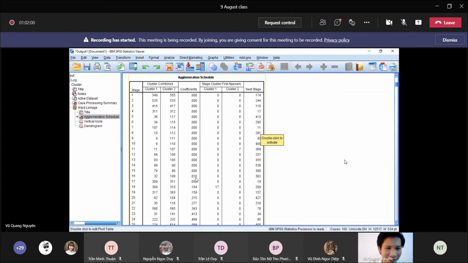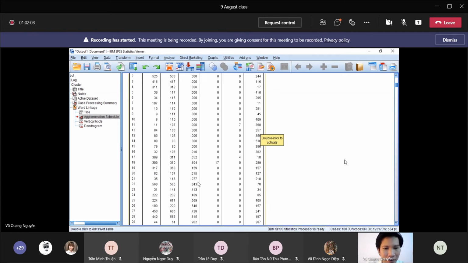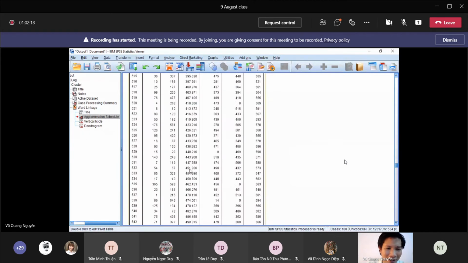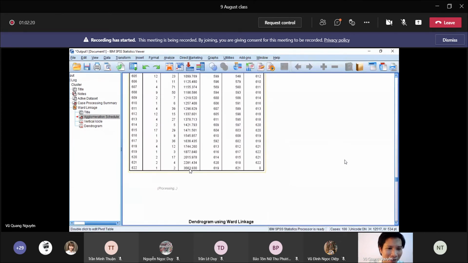So the coefficient jumps a little bit. And then in the 17th step, it jumps further. Oh my God, I have 623 respondents in my sample, so a lot of steps happen here. The last step is called 622.